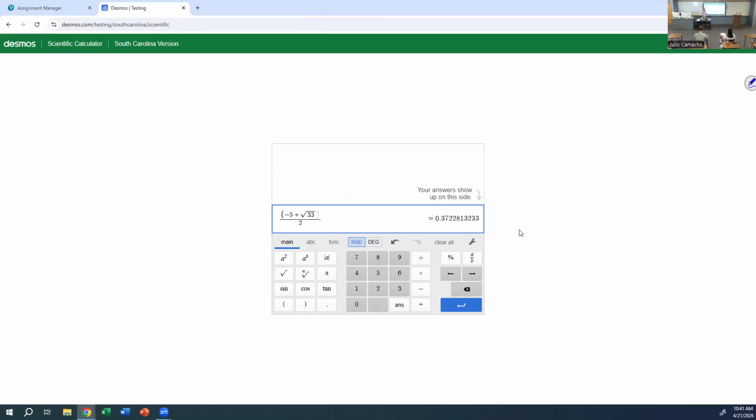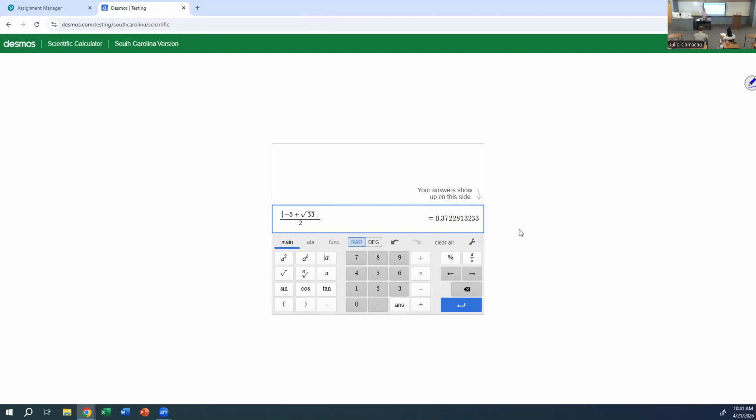Is it still in radians? Yeah, you need to set it to degrees. That's the problem. Well, I went to it the first time, and yeah, that's what it was. Try again, the square root of 33. On both of them, they said 33. Something is wrong in your settings.